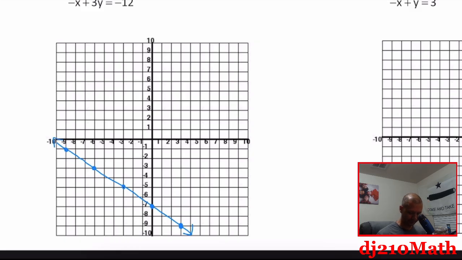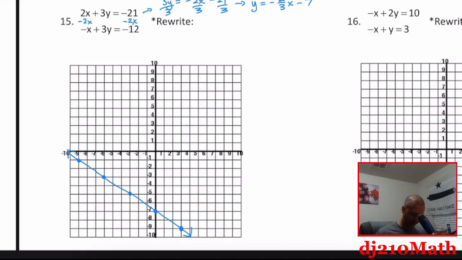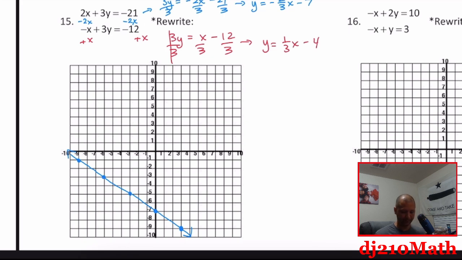Okay, there's the line. The next one, plus x, plus x. 3y is equal to x minus 12. Divided by 3. We see that y is equal to 1/3 x minus 4, because 12 divided by 3 is 4. Okay, so negative 4. And we're going to go up 1 over 3, because it's positive.